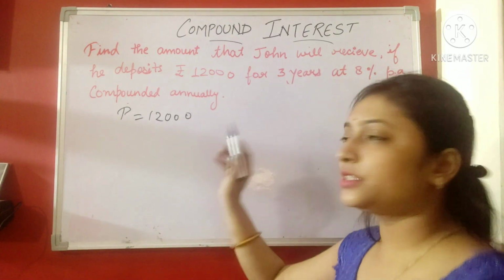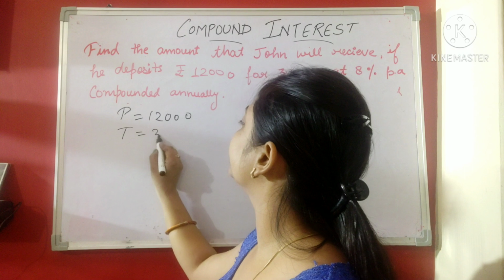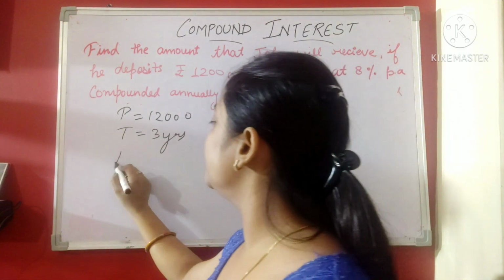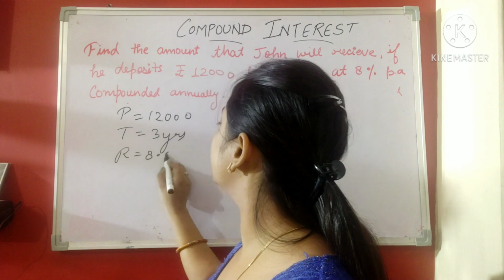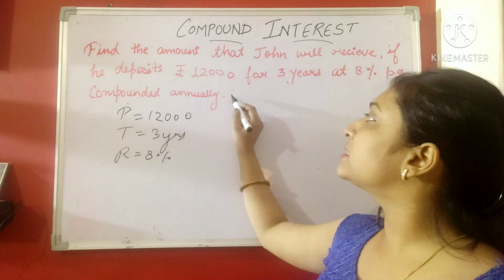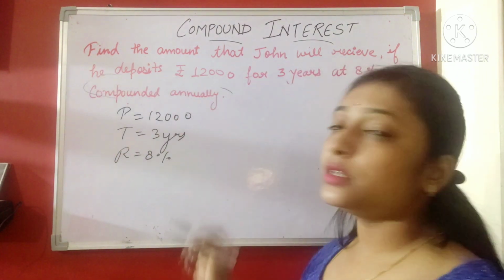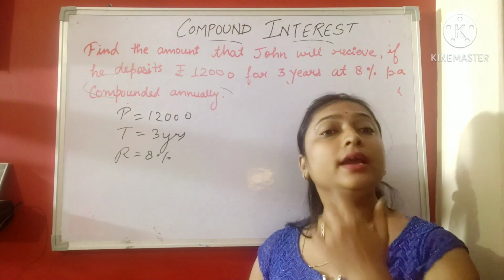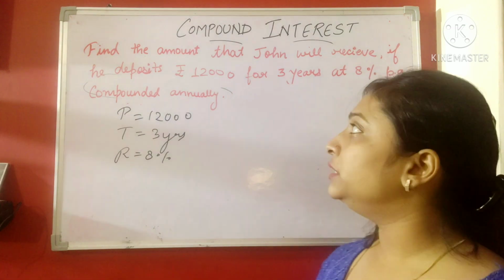For 3 years, time is 3 years, at 8% per annum. So, rate becomes 8% per annum. It is compounded annually. That means we have to apply compound interest and find out the amount.